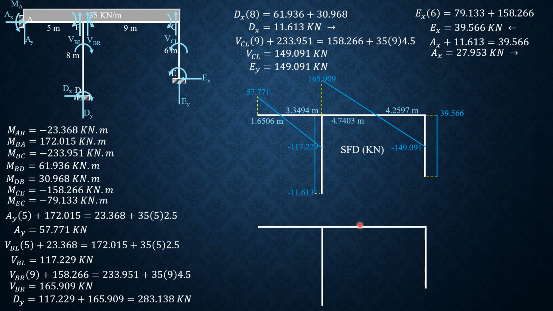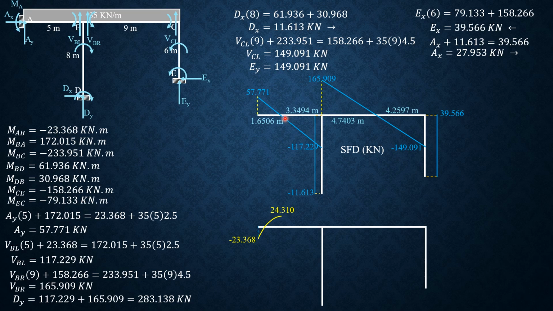Then let's have the bending moment diagram in kilonewton meter, beginning with A. The moment A is negative, so going down, negative 23.368. Then plus the area here, so we have positive decreasing. Area is 1/2 of 1.6506 times 57.71. Add it to negative 23.368, then we'll have equal to 24.310.